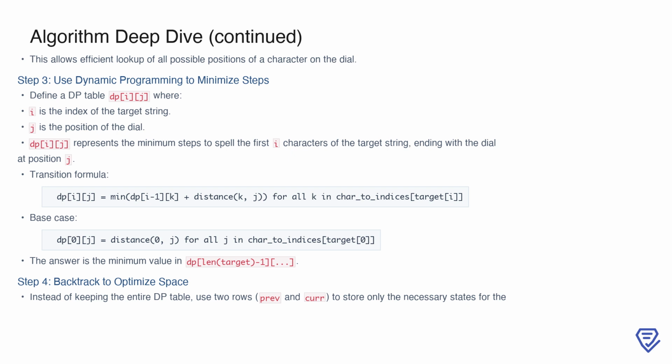This is done by adding the distance between k and j to the value of DP[i-1][k]. The base case initializes DP[0][j] to the distance from the starting position to all possible positions of the first character in the target string. Finally, the solution is found by taking the minimum value in the last row of the DP table, which represents the minimal steps required to spell the entire target string.